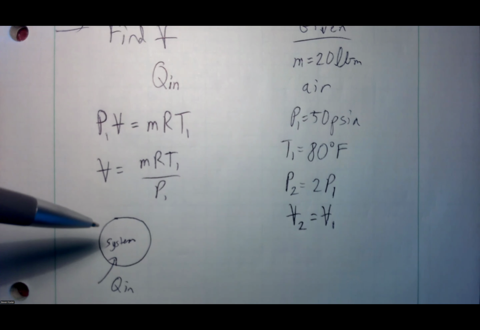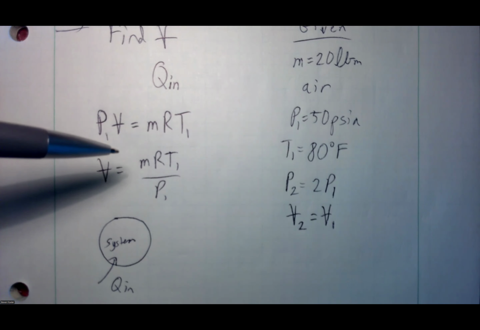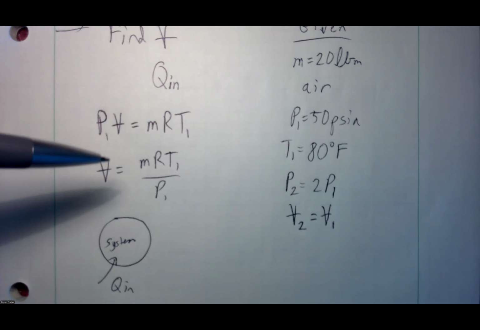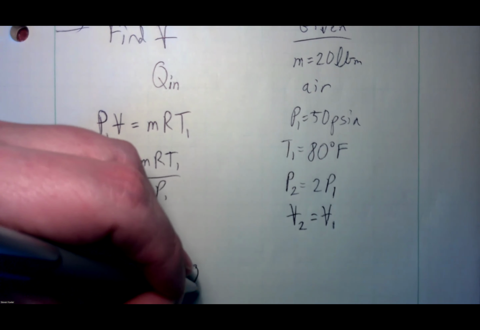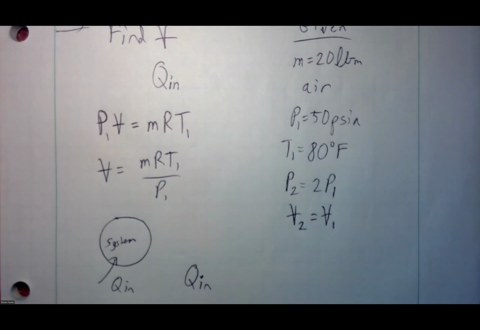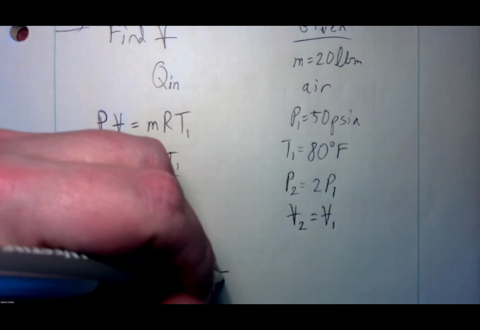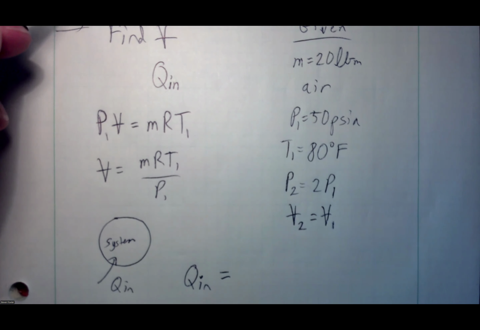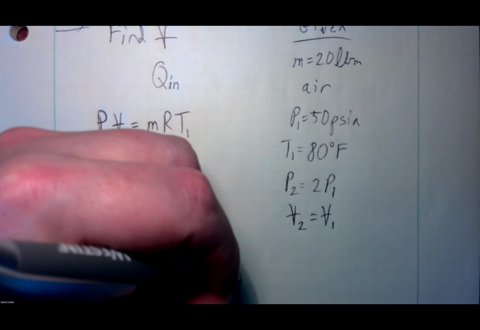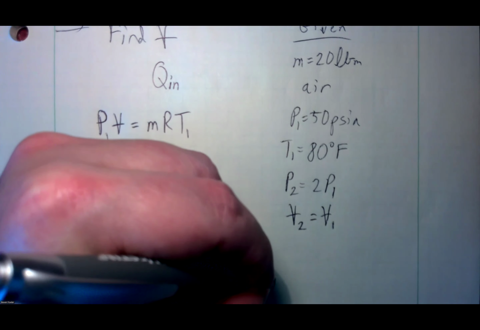There's no electricity, and no other force being applied to this thing to do work. And if I'm looking for the heat in, I'm probably not worried about the heat out. So the entire left-hand side of the first law equation simplifies down into Qin. That's in minus out, and there's nothing out. There's only heat going in. It's a closed stationary system, so Qin is equal to m delta U.